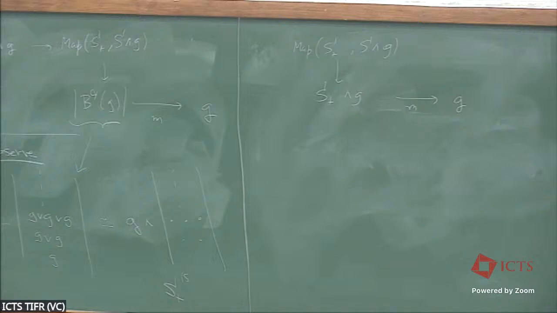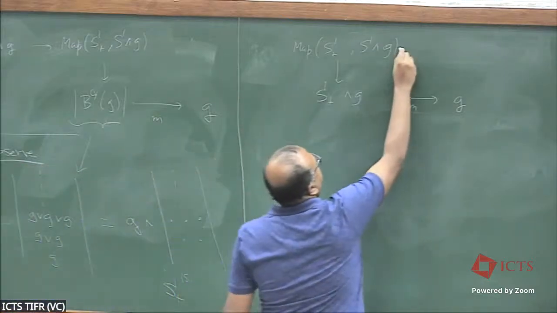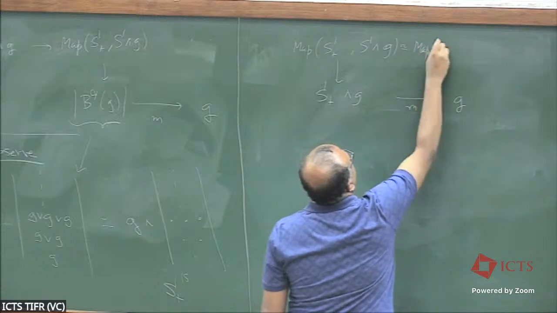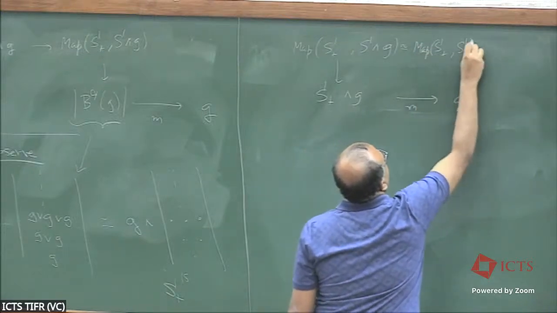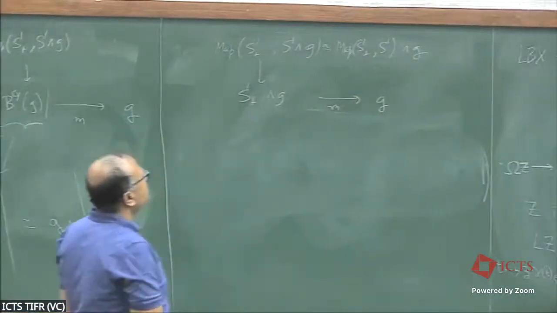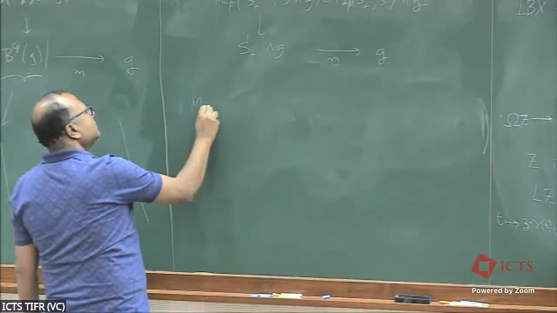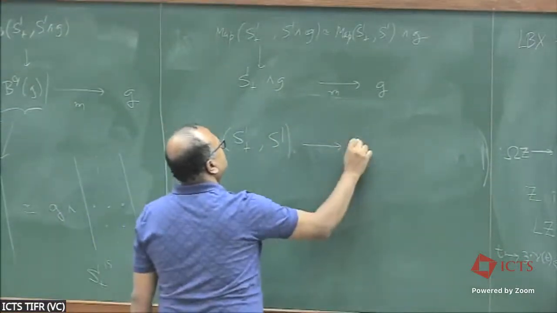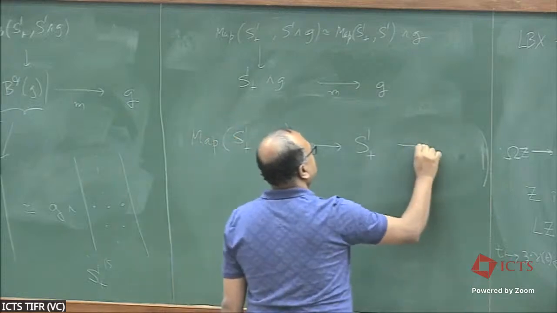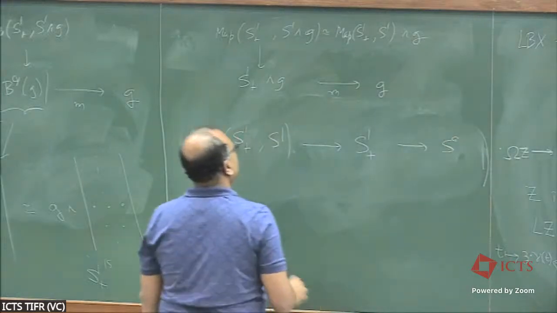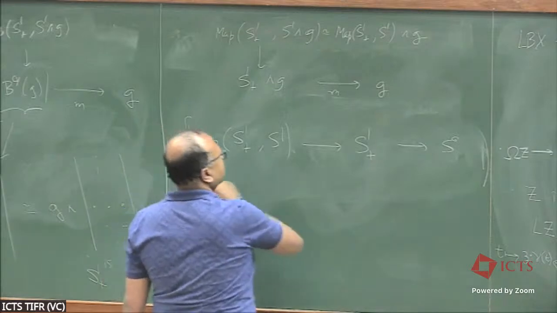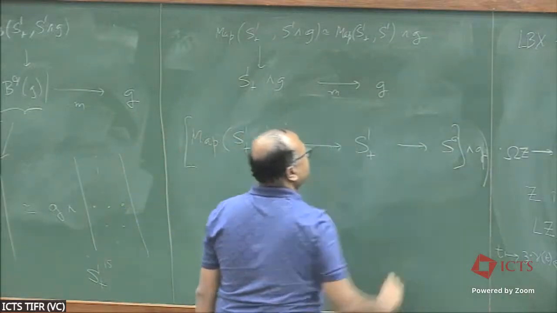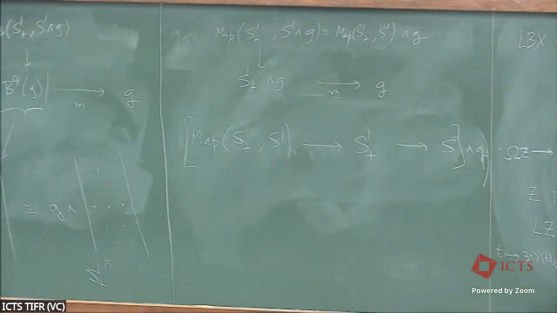So you have to identify G with S0 smash G, and then you get that. But even over here, I can write this as a map S1 plus smash S1 smash G. So the entire thing is determined by S1 plus to S0, this entire thing smash G. It's that composite smash G.